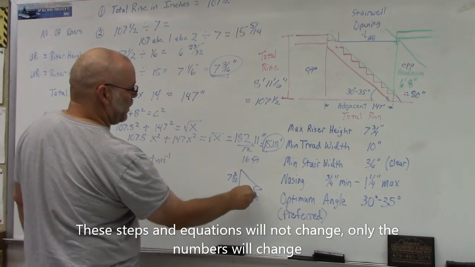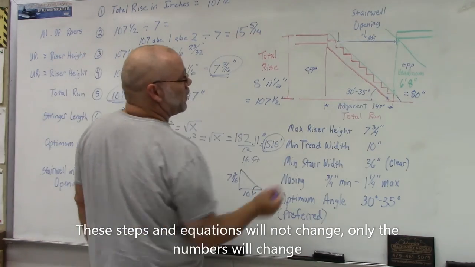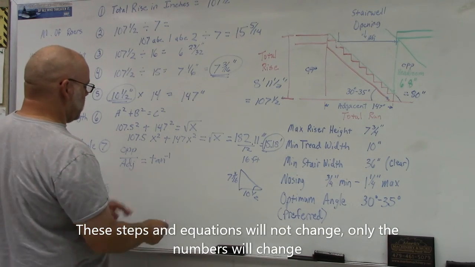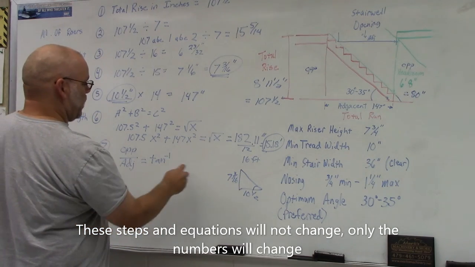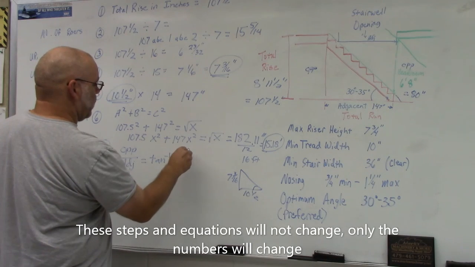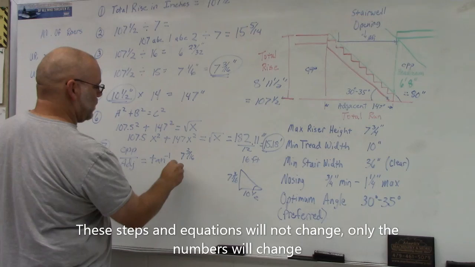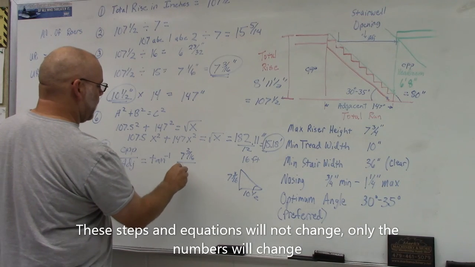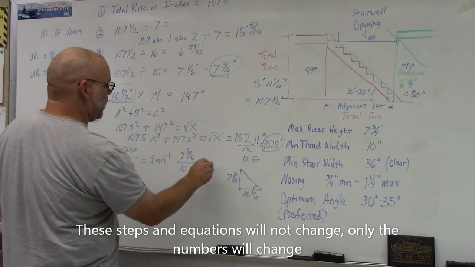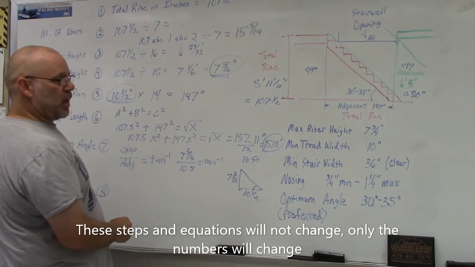So I'm going to find this angle, which will be equivalent to that angle right there. So in my equation, I'm going to put 7 and 3/16 divided by 10.5 inverse tangent.